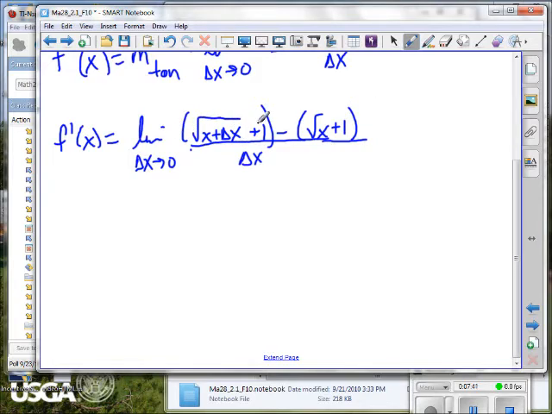If I had a factor of delta x up here, I could cancel the delta x's. So I'm going to do my best to get this down to where I have a factor of delta x, and then I can cancel with this factor, and the problem is gone.